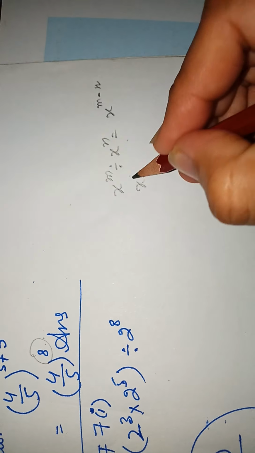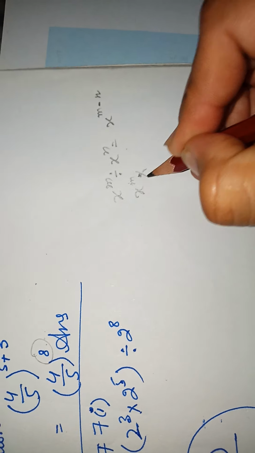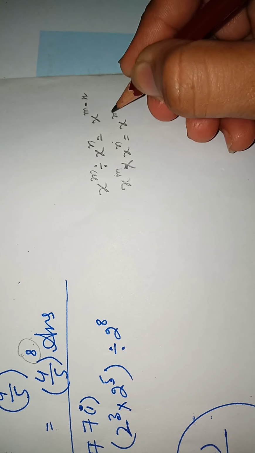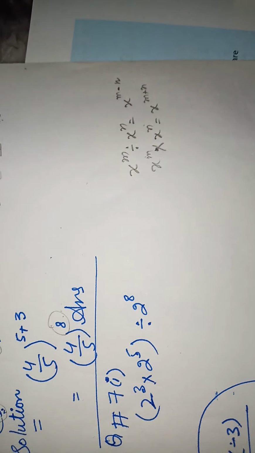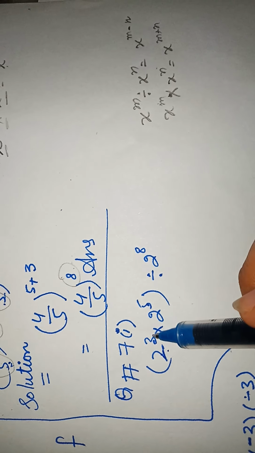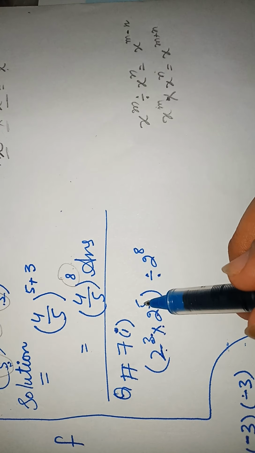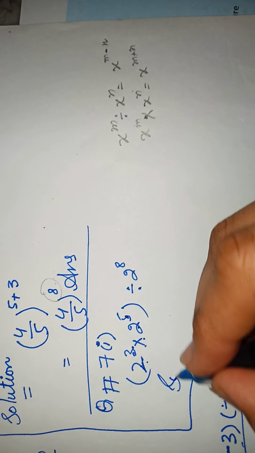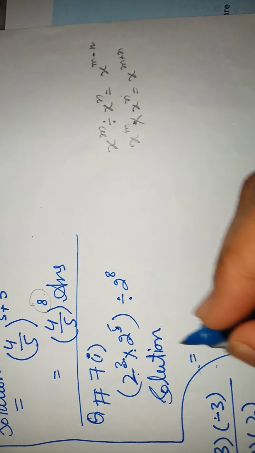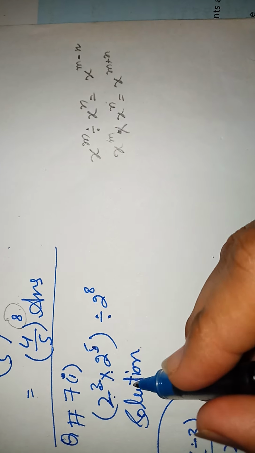But in the case of multiplication, the powers will be added up, m plus n. So here 2 raised to power 3 multiplied by 2 raised to power 5. So for solution, in the first step we will solve the parentheses first.